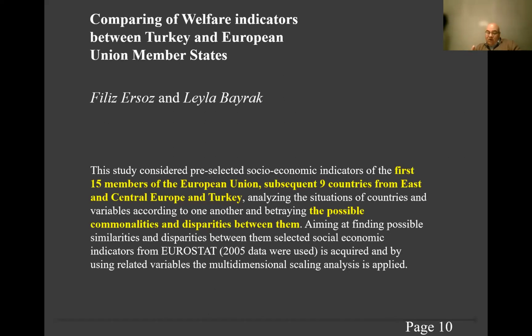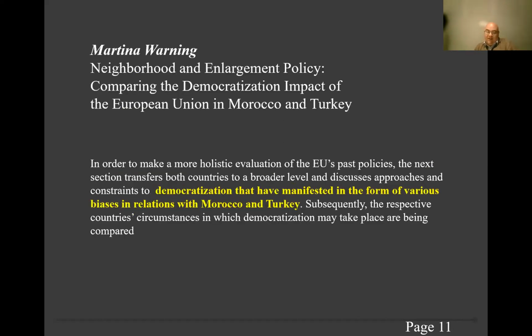This algorithm is called multi-dimensional scaling. It's based on similarities within groups and dissimilarities between groups. That's the logic. They are trying to provide a dissimilar systems design. Martina Warning compared Morocco and Turkey. Is it a dissimilar or similar system? Morocco and Turkey. Yes.